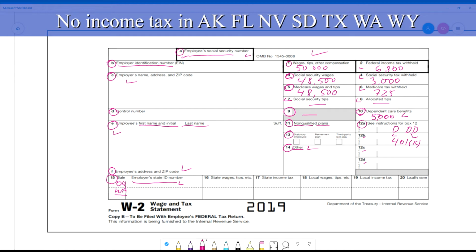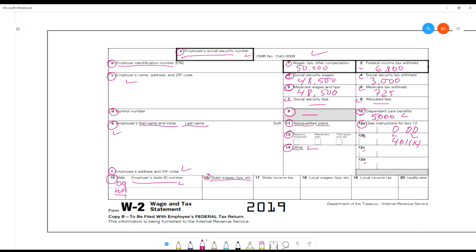If you're subject to state taxes, on box 16, you'll have the amounts of taxable wages, tips, any other compensation. In box number 17, state income tax, you'll show the total amount of state income tax.